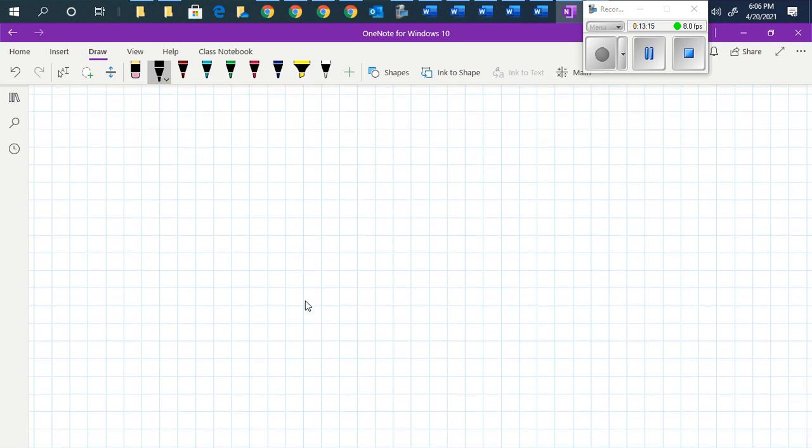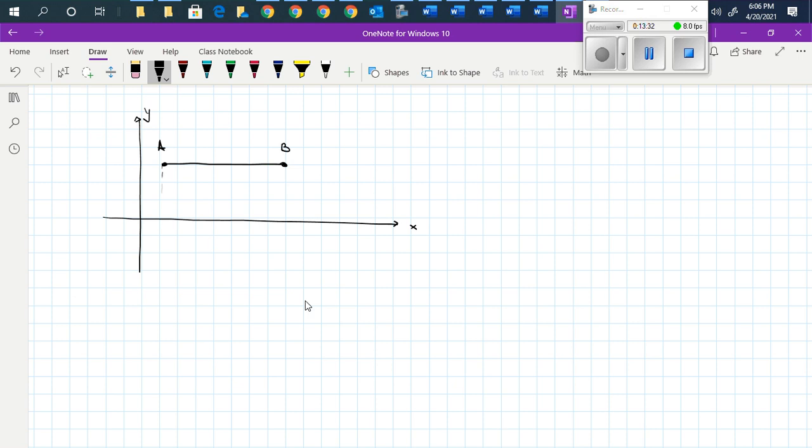Now, when we have a straight horizontal line, the equation will tell us that the slope is equal to 0. Let's suppose we have 2 points: point A with x equal to 0.5 and y positive 8, and point B with x equal to 8.5 and y positive 8 as well.